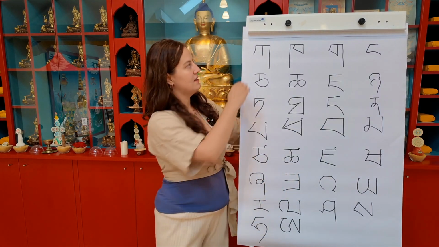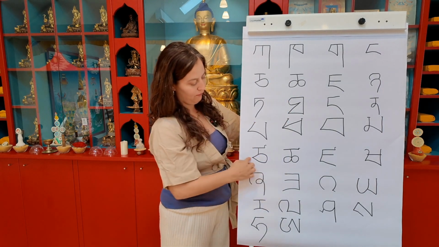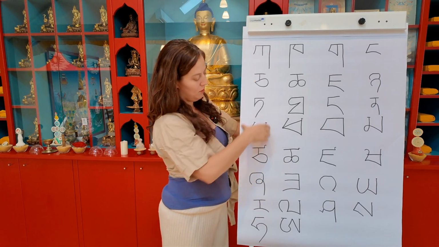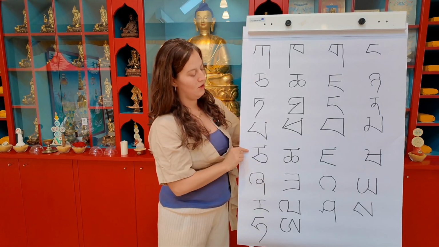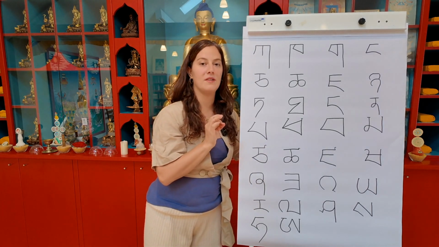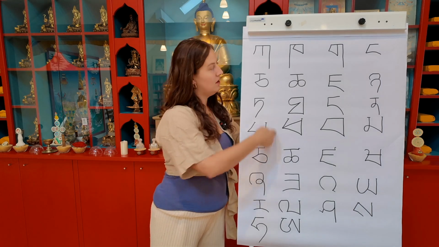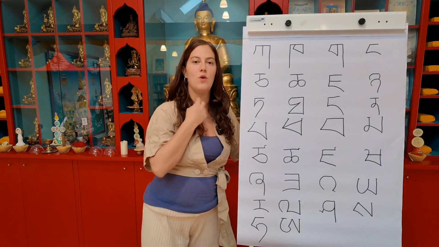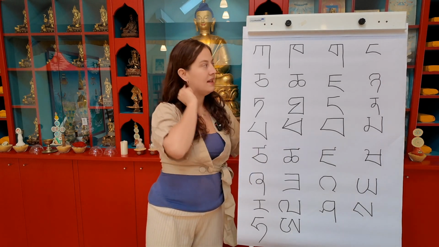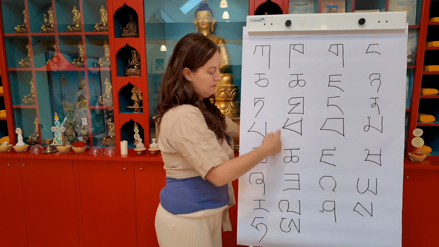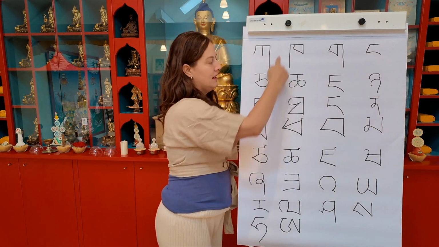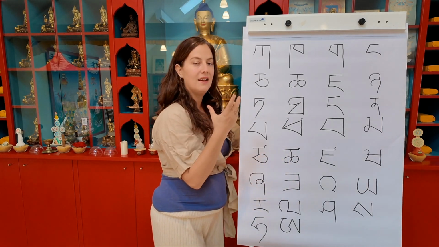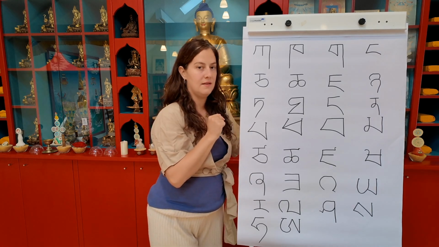So this logic goes in columns. So these first 5 letters from top to bottom, they follow one logic in sound of how they are pronounced. Because these letters here, they are high and non-aspirated. So there is no breath to these letters. And then we go to this column, and I'm going to repeat this later. This is the column where you have breath and a high tone as well.